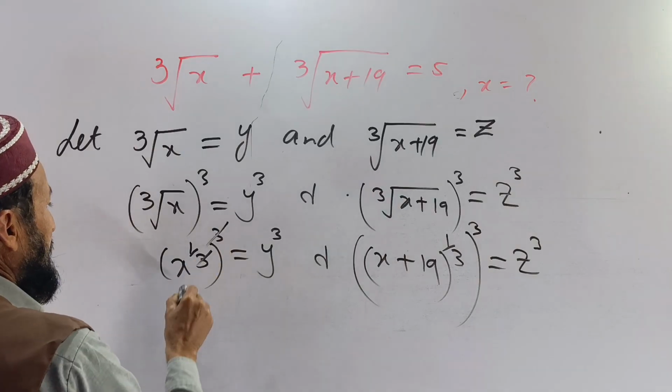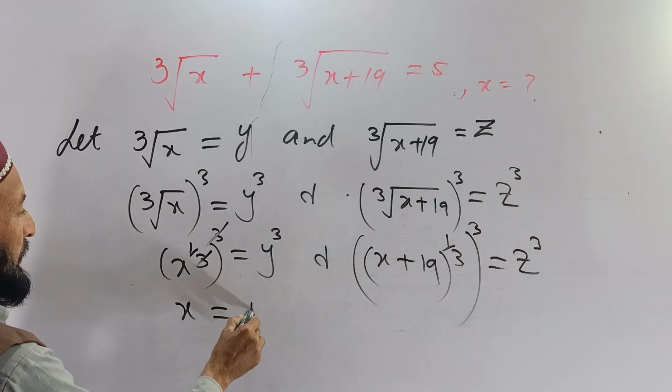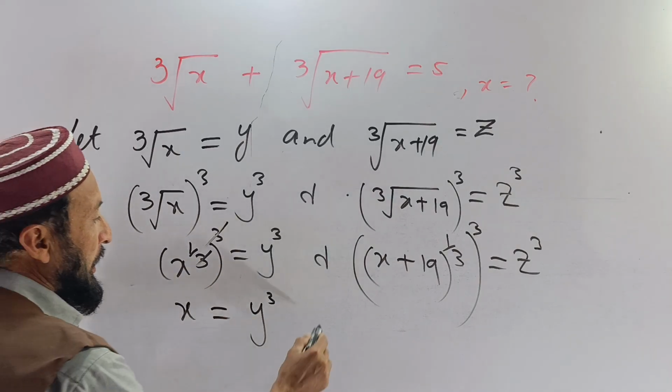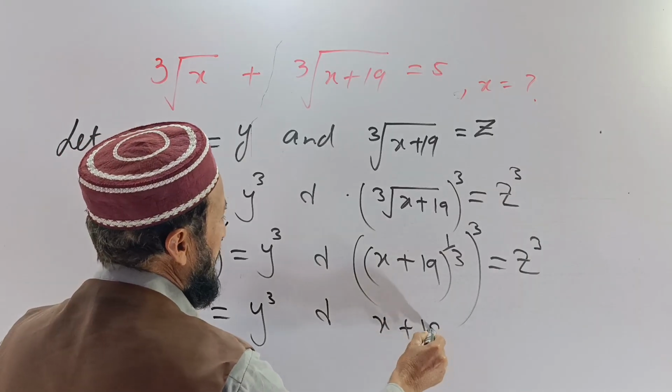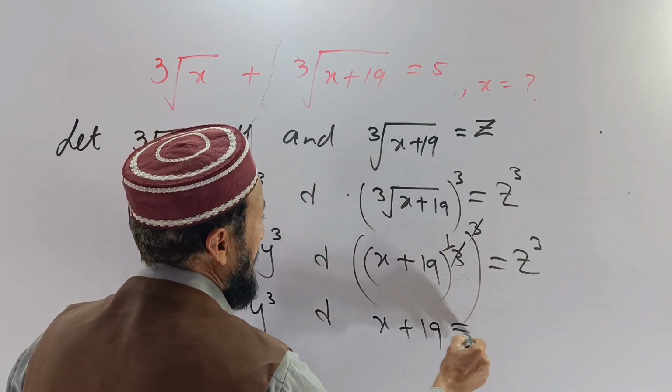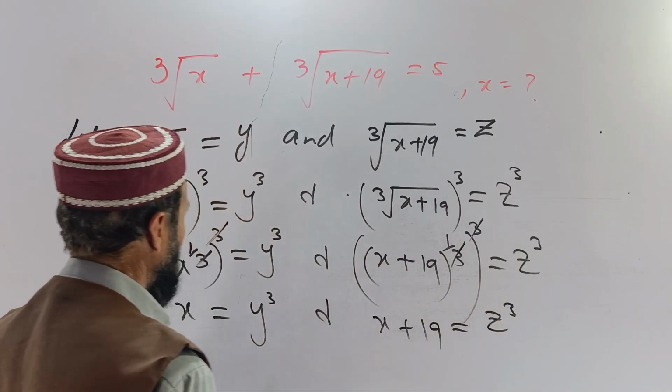The power and the cube cancel. It means here we get the value of x is equal to y cube, and x plus 19 is equal to z cube.